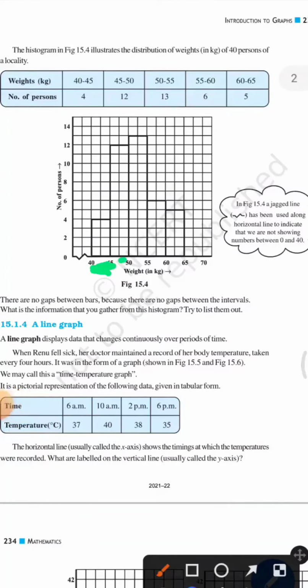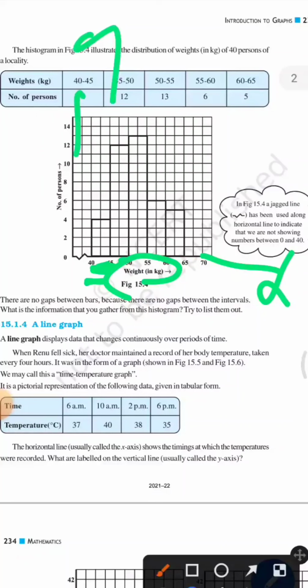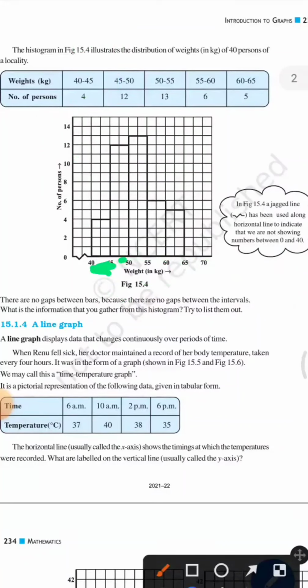Okay, so 40 to 45 is the weight in kgs given here on the x-axis, because this is the x-axis and the axis above is the y-axis. You can check here that there is 40 to 45, 45 to 50, 50 to 55, that means all are in sequence and there is no gap between the bars.